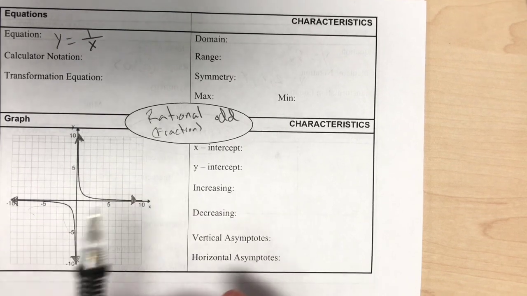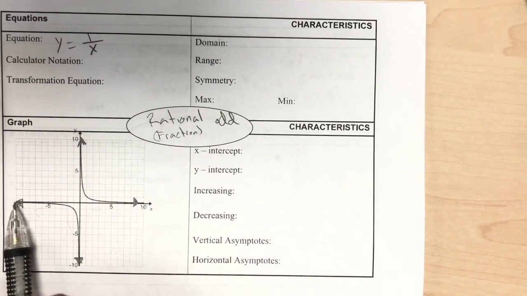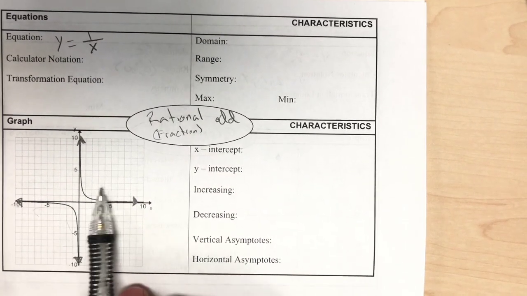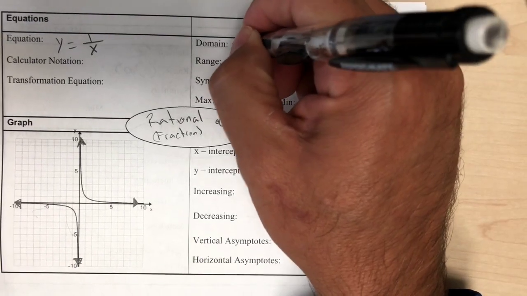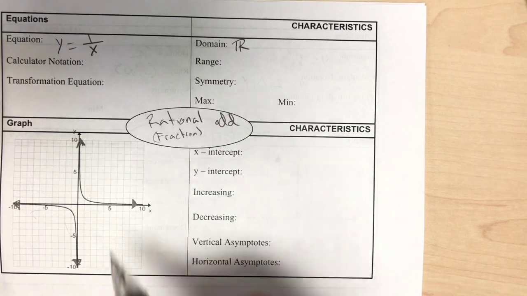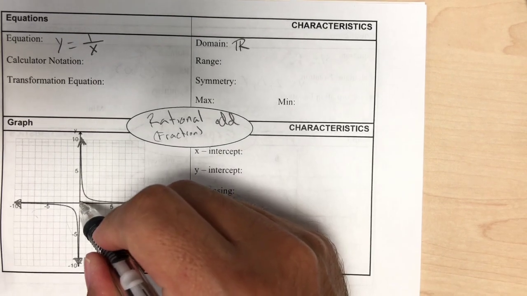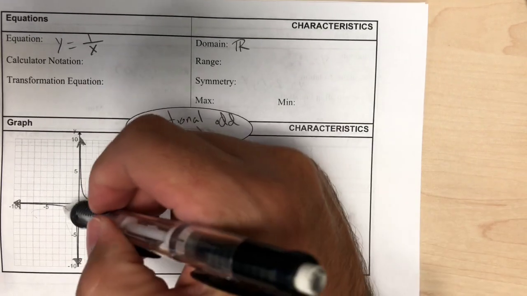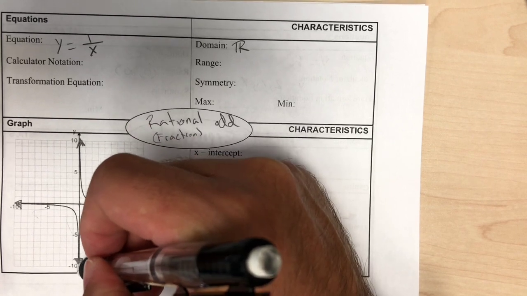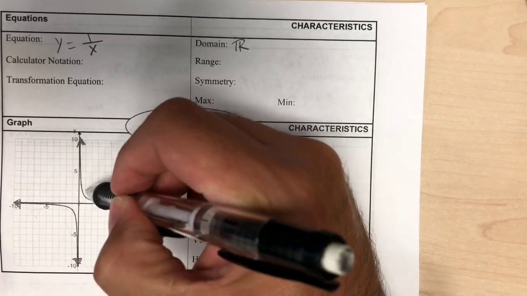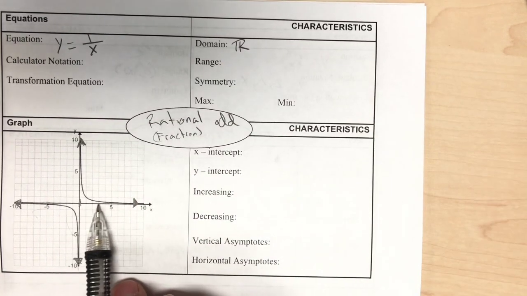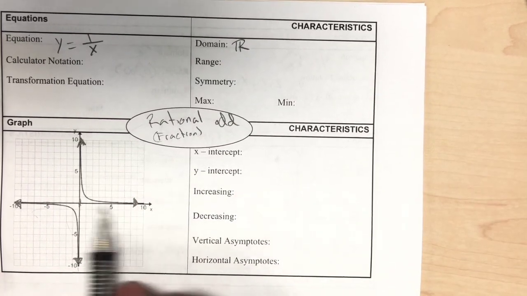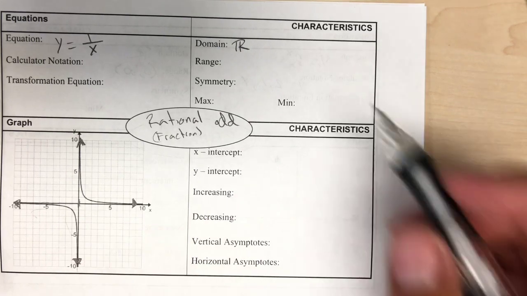So if I look at this, this goes to negative infinity, and this side goes to positive infinity. So our domain is going to be all reals, with the exception of 0 right here, because remember, these are never going to get to the y or the x-axis. Same thing over here. So zeros are exception. So we have points on all real numbers with the exception of 0.